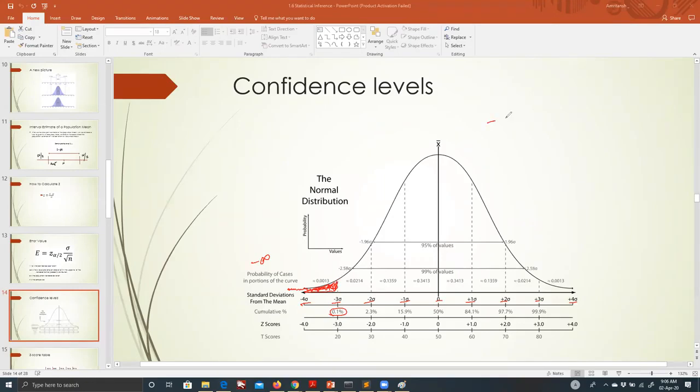What it means is, if I do integration from negative infinity till negative 3 sigma for a normal distribution, you will get a very small value. It's 0.1, right?